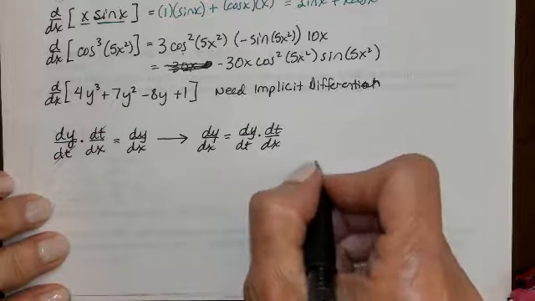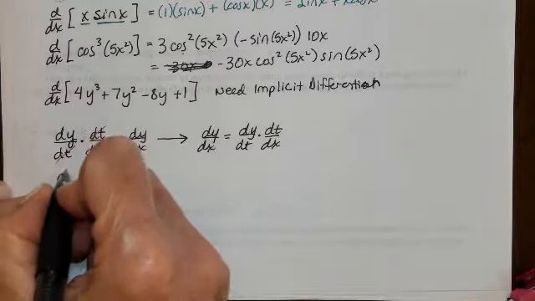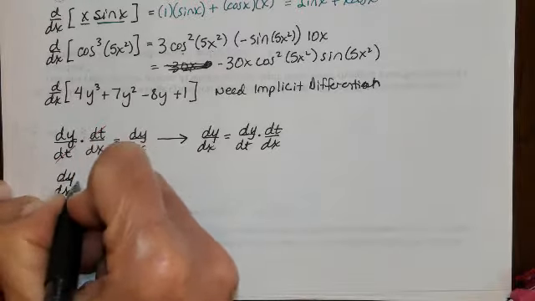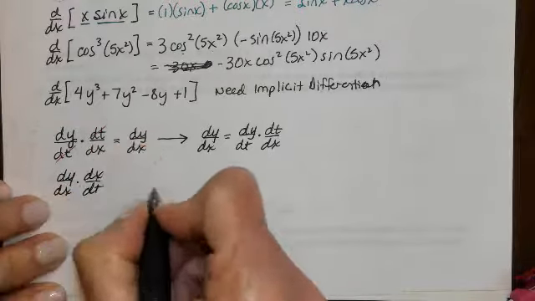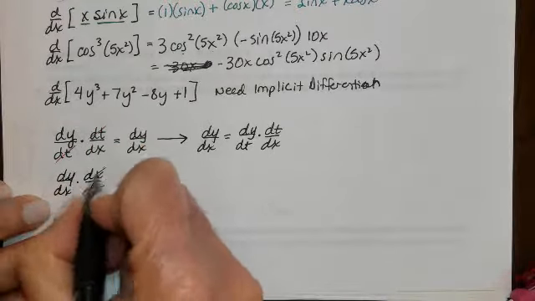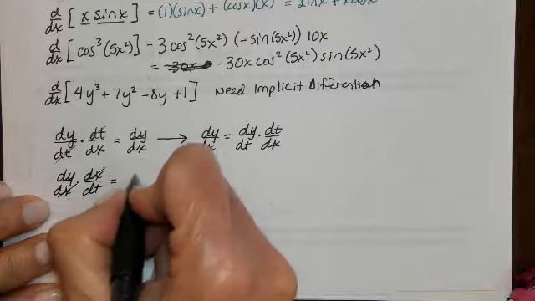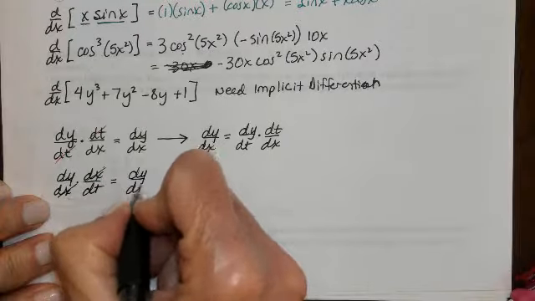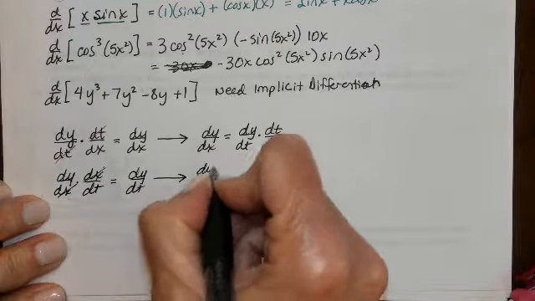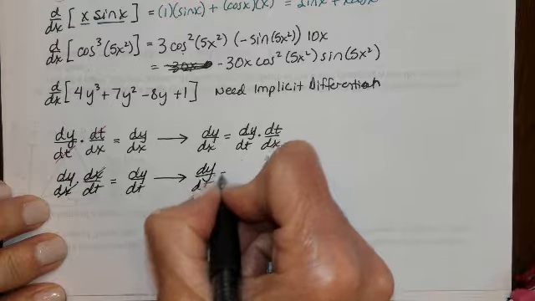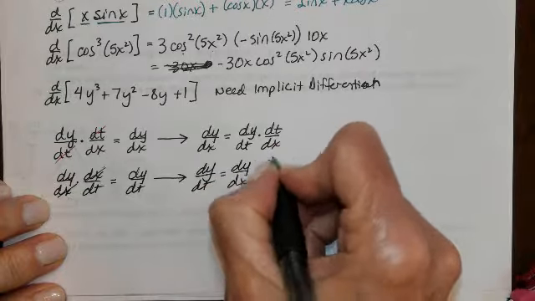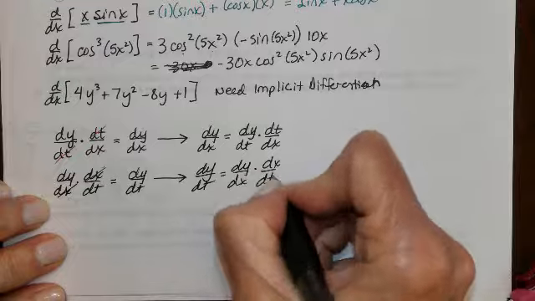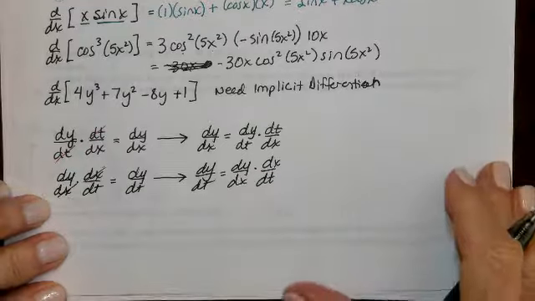What about dy dx times dx dt? Well, you can think of these dx's canceling out. This would be dy dt. Therefore, dy dt must be dy dx times dx dt.